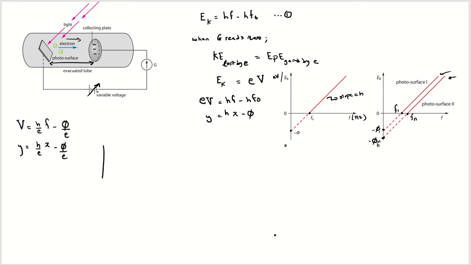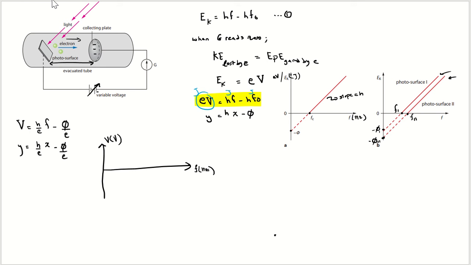So if I'm plotting V in volts versus the frequency in hertz, so this one was in joules. You have to pay attention to something: this equation needs to be homogeneous, which means it should either all be in joules or all be in electron volts.